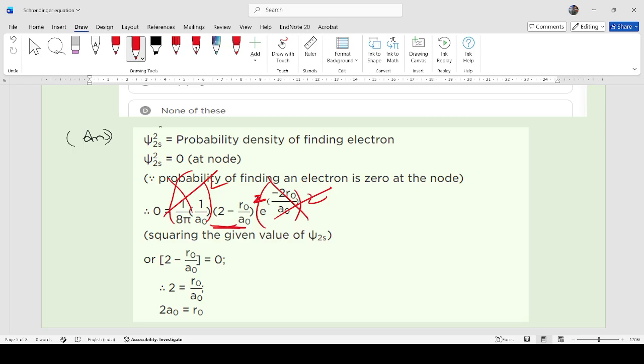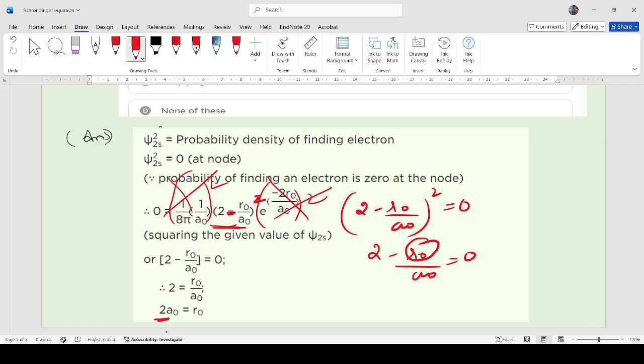Since something is involved with negative signs here, I can't say it is also 0, isn't it? Yes, it is, ma'am. 2 minus r naught by a naught power 2 is equal to 0. In other words, 2 minus r naught by a naught is equal to 0. They are asking you to calculate this r naught value in terms of a naught. So you find it to be 2a naught. Okay, ma'am.